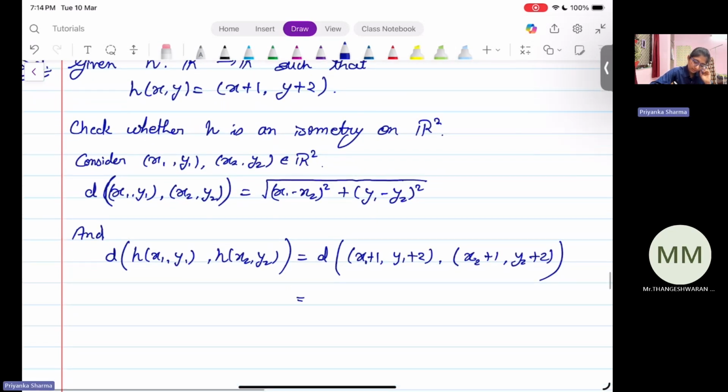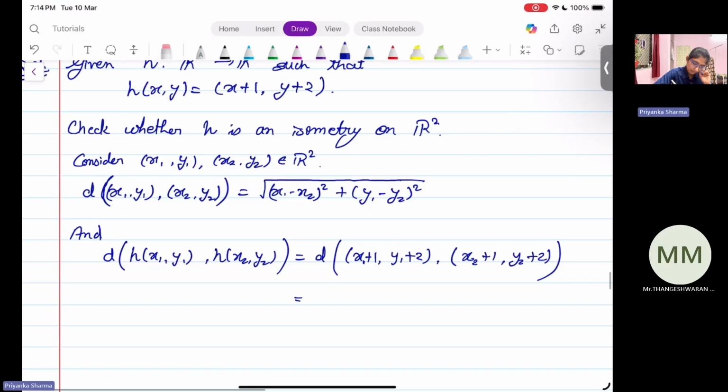So this is square root of ((x1 plus 1) minus (x2 plus 1)) whole square plus ((y1 plus 2) minus (y2 plus 2)) whole square.